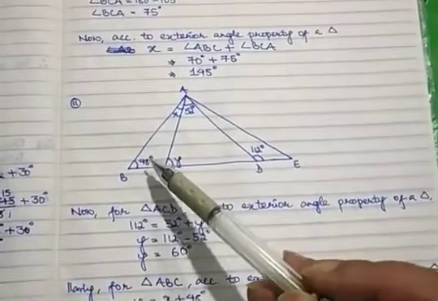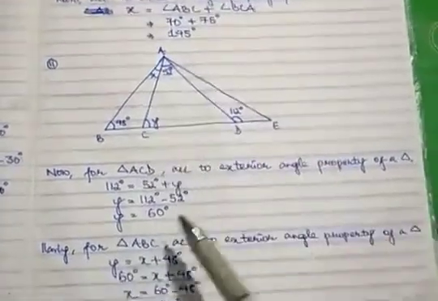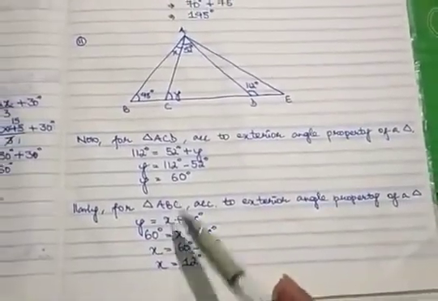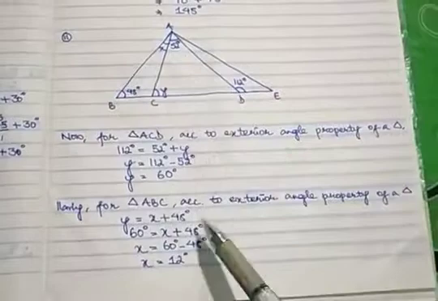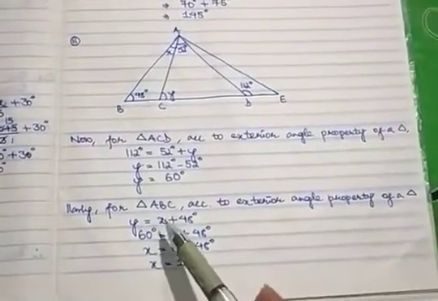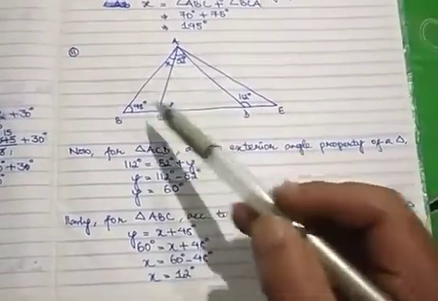The interior opposite angles are 48 and x. So for triangle ABC, according to the exterior angle property of a triangle, y is equal to x plus 48 degrees.